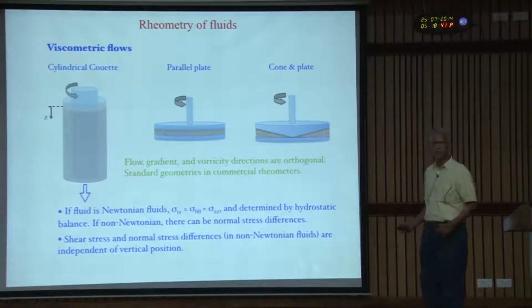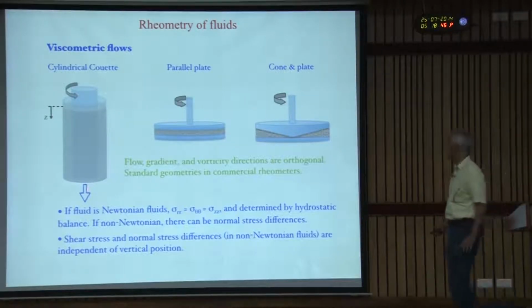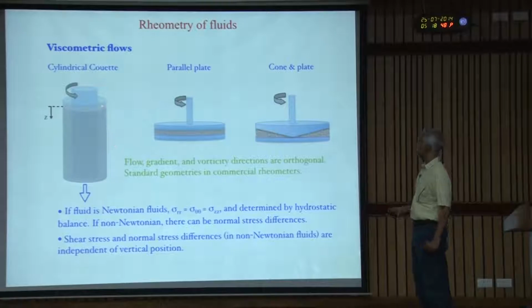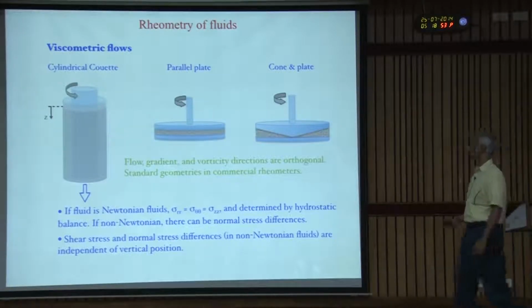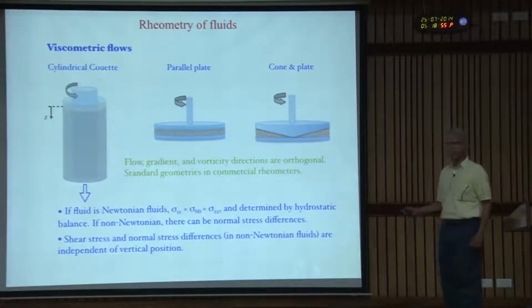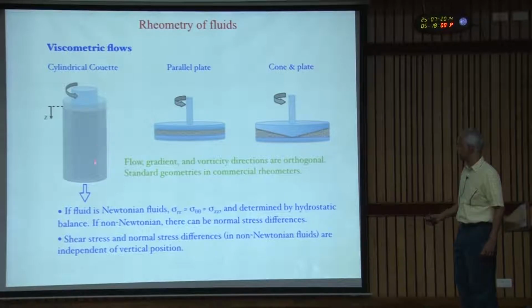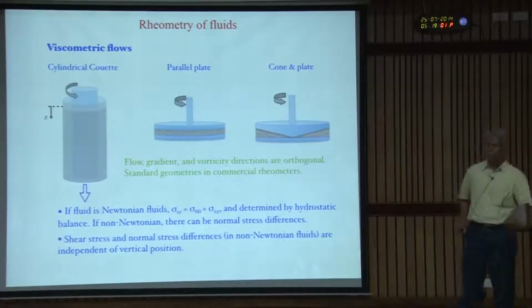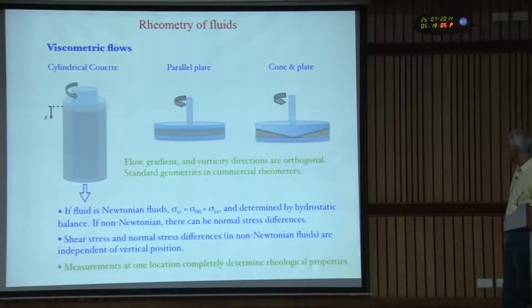And all the normal stresses would be equal. And most importantly, the stresses are independent of position except the pressure. So that's why if you measure just the torque, that's enough to give you the viscosity. You don't need to make measurements as a function of the depth of this Couette cell, which is not the case for a granular material, as I will show you now.